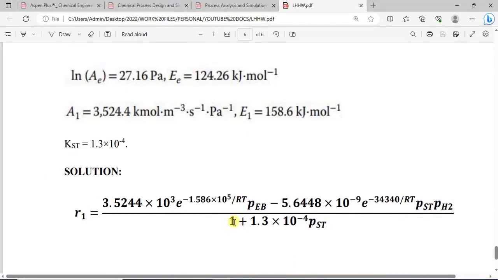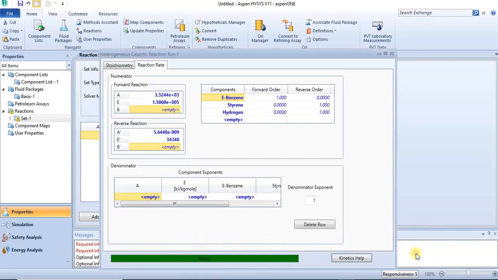Because most denominator expressions always start with 1, right? So, but when you are specifying it in Aspen Hysys specifically, you can ignore this value and start specifying from the next expression, which is this value, right? So you can actually ignore this 1, right? But it is not to be ignored in Aspen Plus though, right?